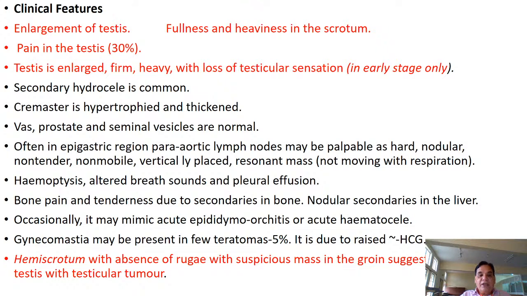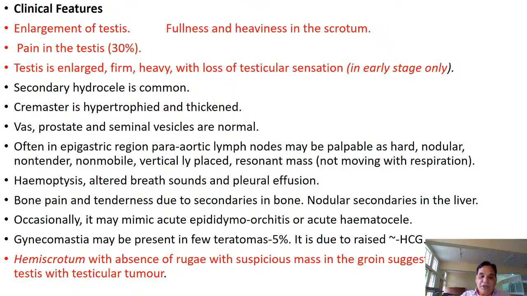In those patients, the cremaster is hypertrophied and thick, but there is no involvement of the vas or prostate or seminal vesicle. Other features are hemoptysis, bone pain, and sometimes it may mimic acute epididymo-orchitis when there is pain, or acute hematocele. So these are the differential diagnoses.